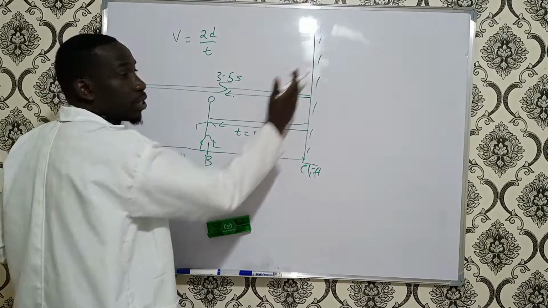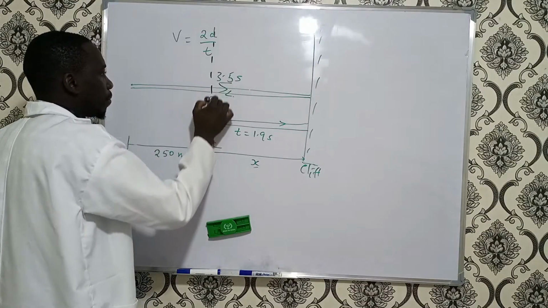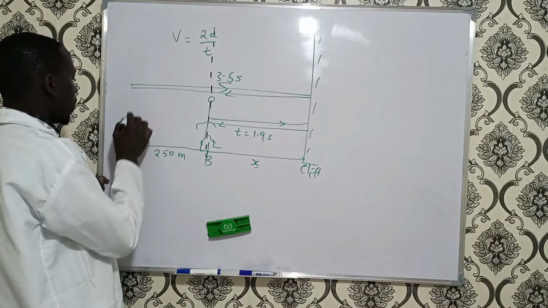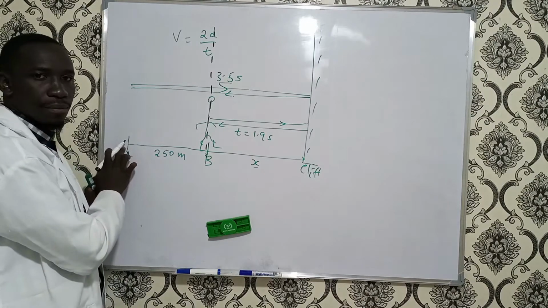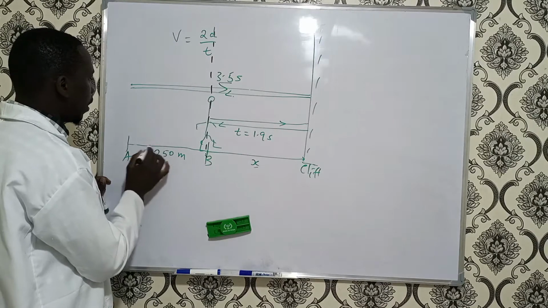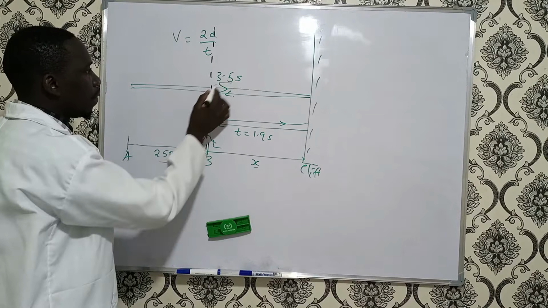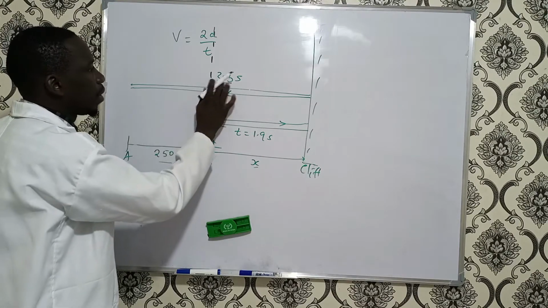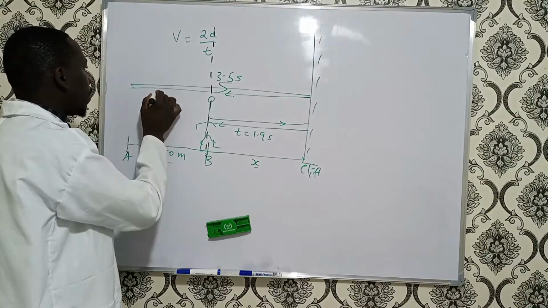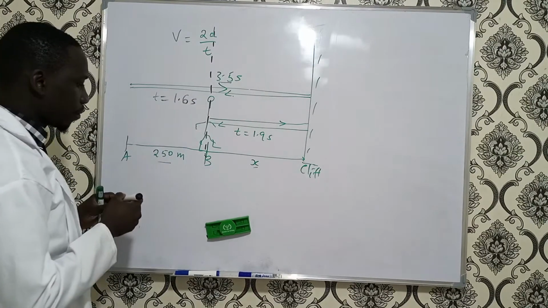So what if we assume that this cliff is here, is where this person is originally, and then the person is at point A because he moved away 250 meters. If we assume that the distance between A and B is 250, then the time here will be the difference between 3.5 and 1.9, which will give us the time as 1.6 seconds.